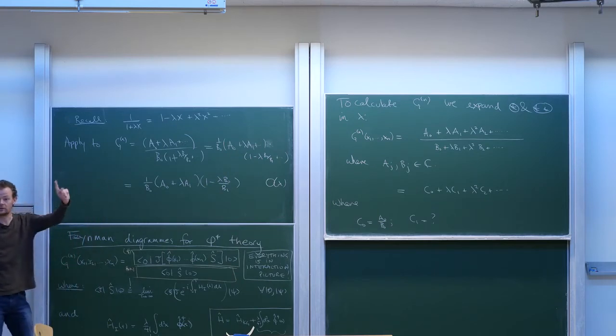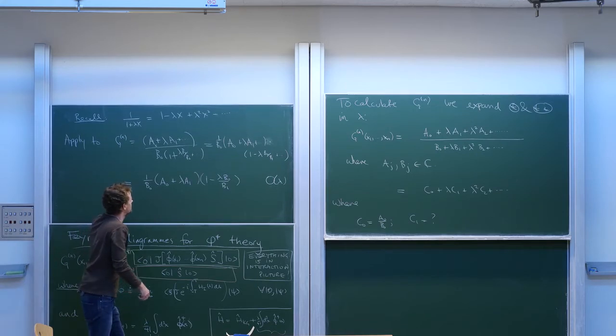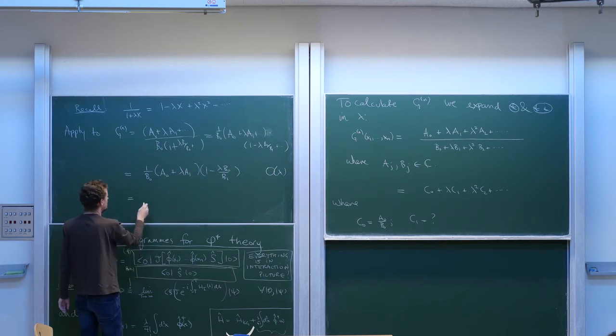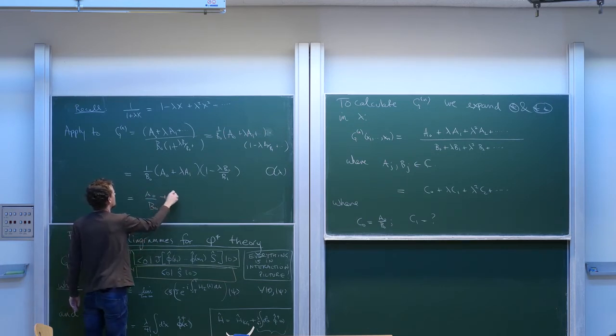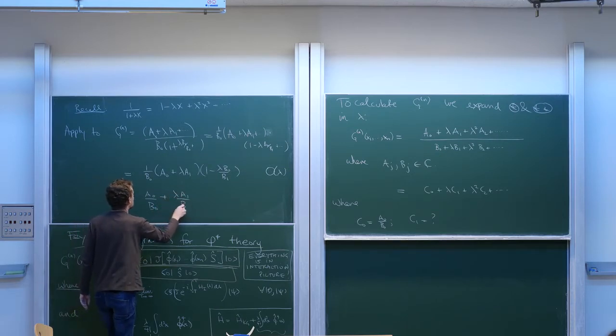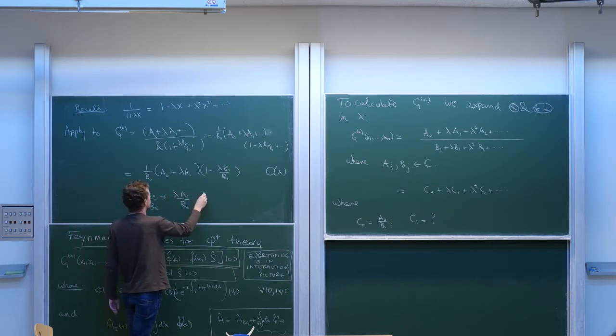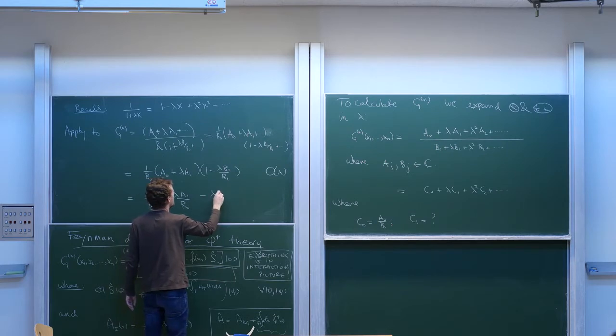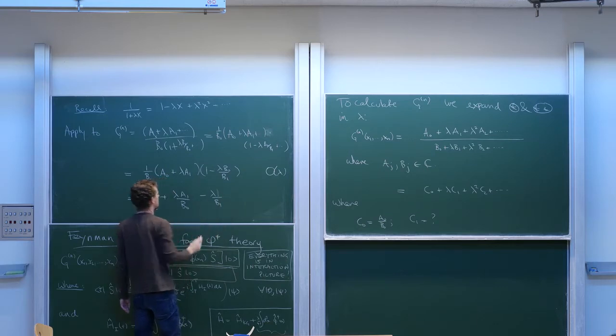so just to order lambda, keeping first order terms, the answer looks like this. And then expanding this out and keeping only 0th and first order terms. I think that's it to order lambda.